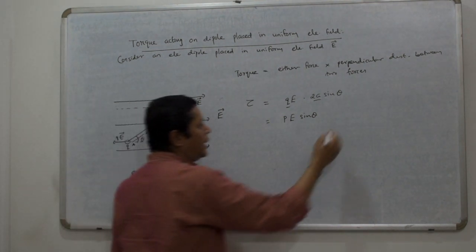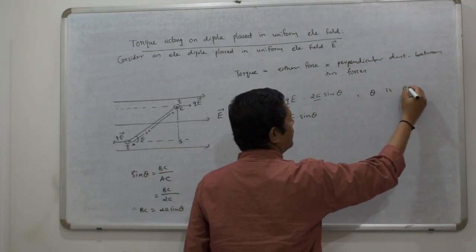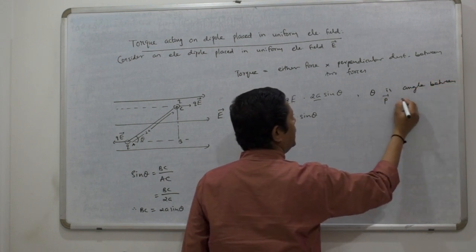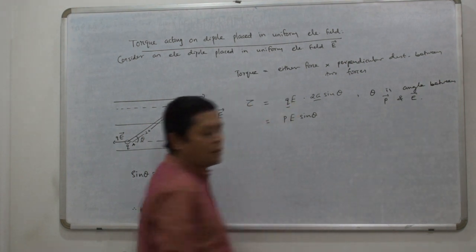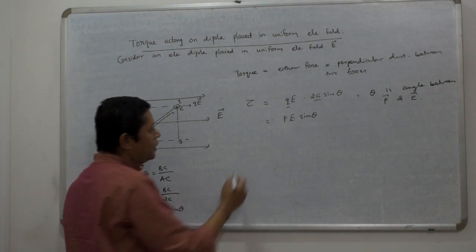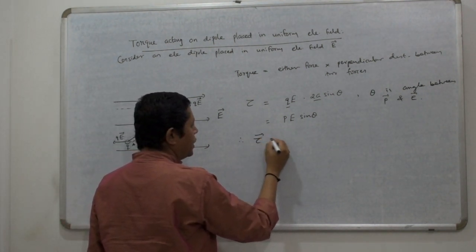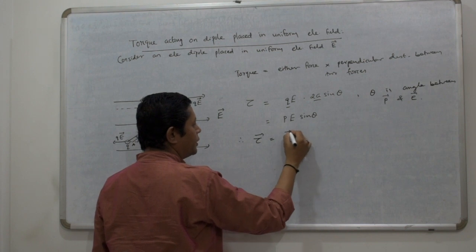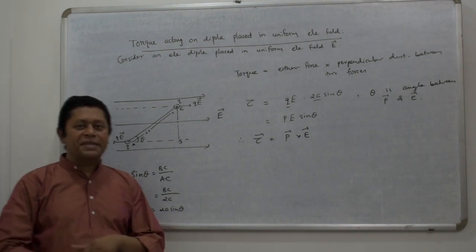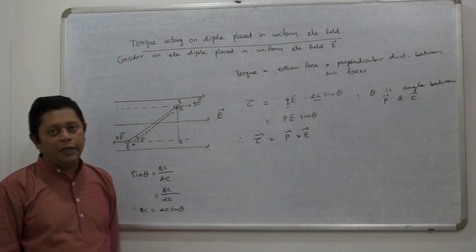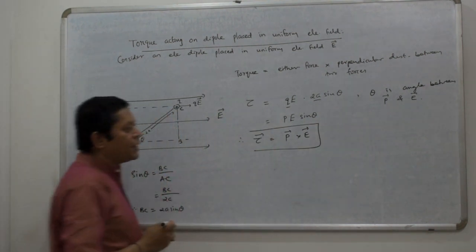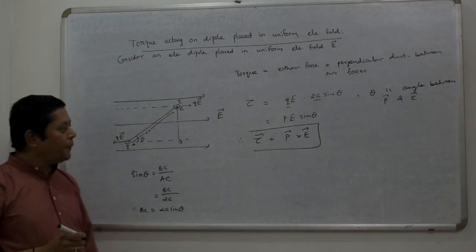So theta is the angle between the direction of p and the direction of E, the angle between vector p and E. Therefore, this quantity torque you can write in vector notation as p cross E. As you studied in 11th standard, A cross B is AB sin theta, so p cross E is pE sin theta. So the equation for torque acting on the dipole can be written as torque equals p cross E.